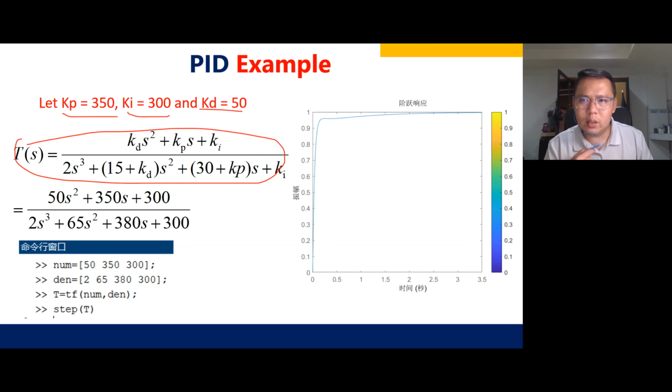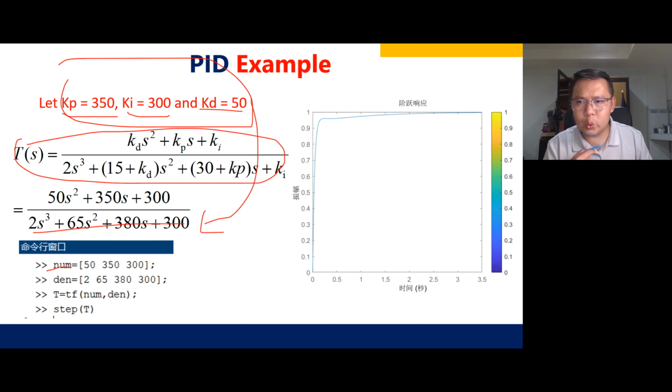We put this data into the expression and got the expression like this. And use MATLAB to calculate. Input the num equal to 50, 350, and 300.